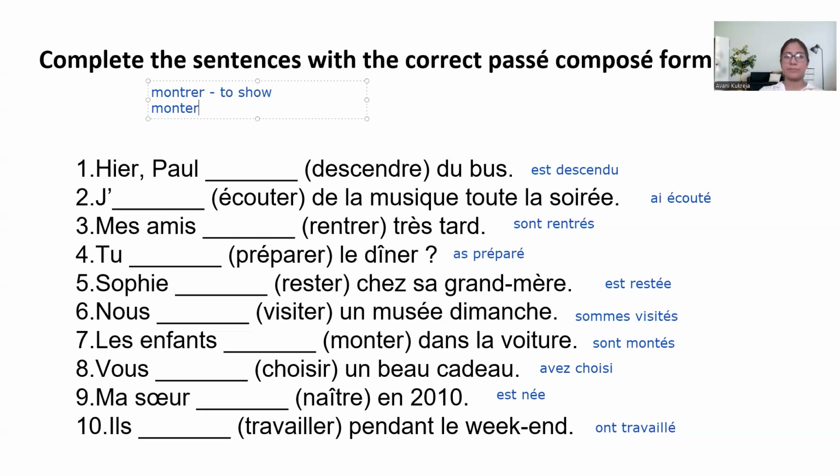Monte is to climb, because it says les enfants montent dans la voiture. Okay. Clear, everyone? Is this clear? Do you guys have any doubts, any questions, anything you want to ask?